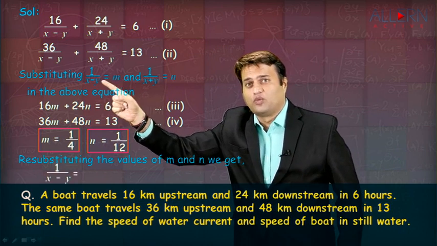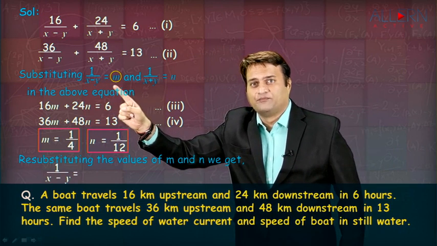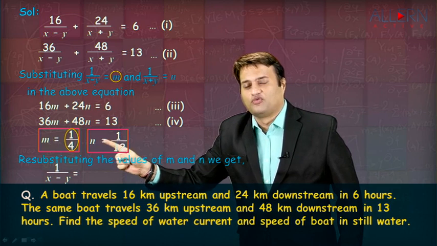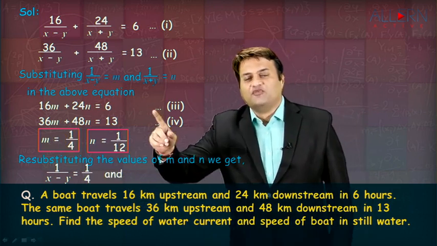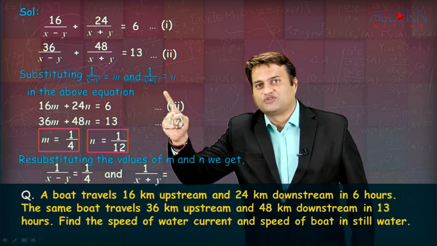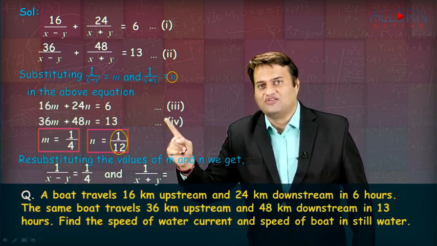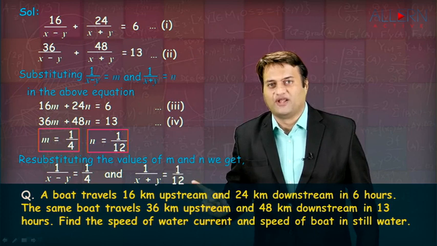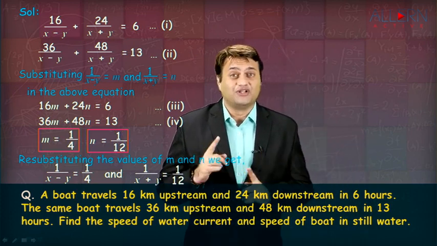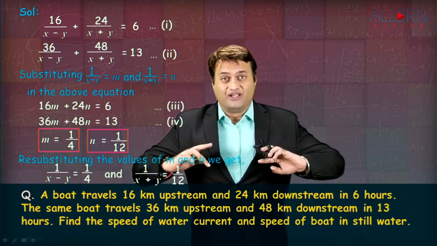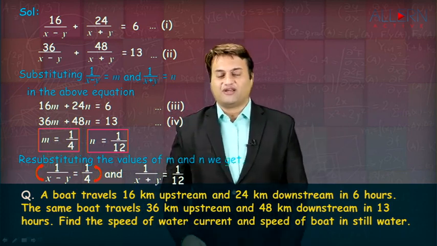We substituted 1 upon x minus y as m. We got m as 1 upon 4. So 1 upon x minus y is equal to 1 upon 4. We substituted 1 upon x plus y is equal to n. n is equal to 1 upon 12. So 1 upon x plus y is equal to 1 upon 12. After resubstitution, I hope you all remember that we take the reciprocal. So let's take the reciprocal.